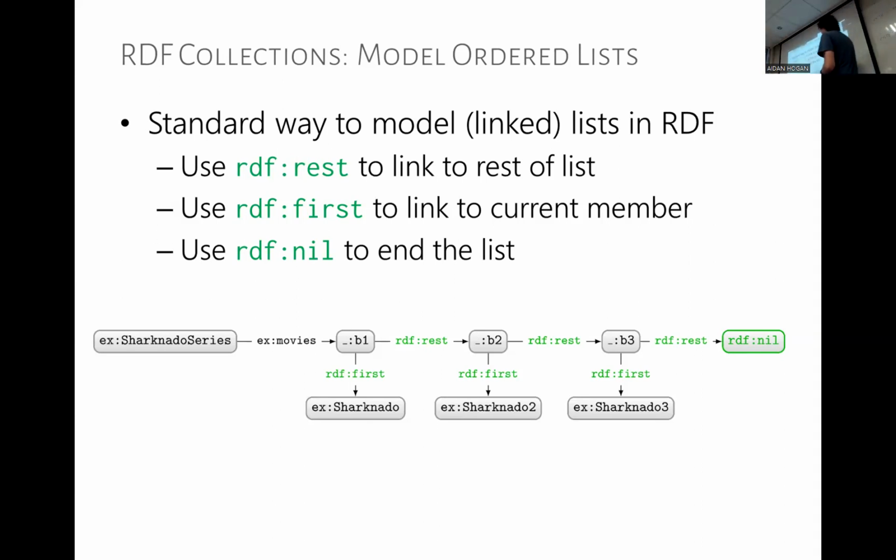So if we wanted to define the Sharknado series, the first movie is Sharknado. We have this property movies that points to some blank node, and the blank node says first Sharknado, then continue the list here, first Sharknado 2, continue the list here, Sharknado 3, and then it ends the list with nil. So this way we can represent an ordered list as a graph. This is called an RDF collection.